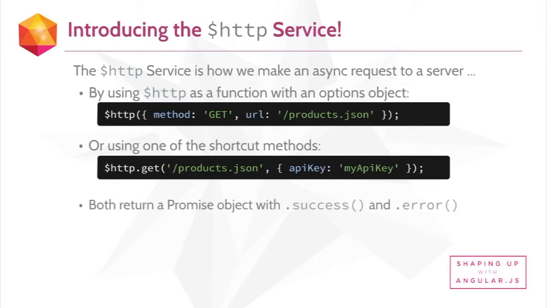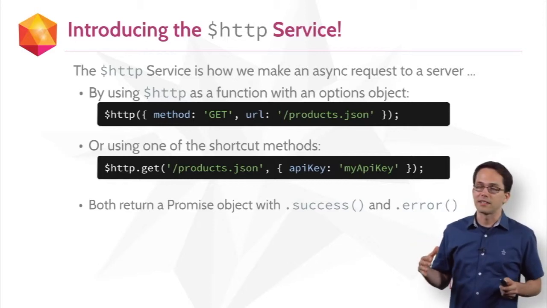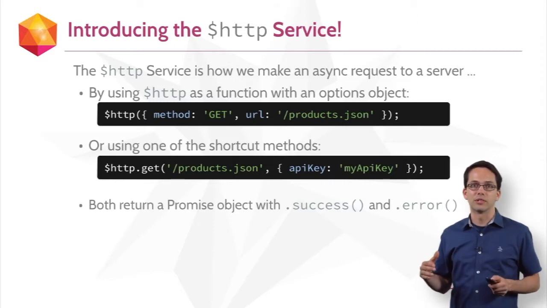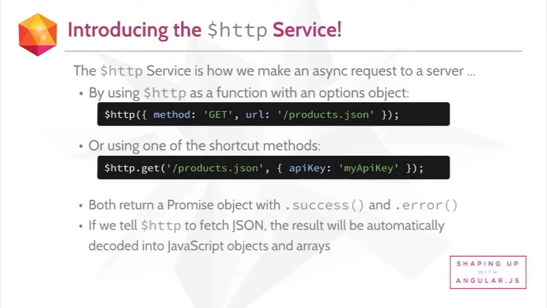And if you're not familiar with promises, check out our jQuery courses on CodeSchool. A promise object allows you to do callbacks on it, like success or error, which you'll see in a minute. One nice feature of the service is that if we tell $http to fetch JSON, the result will automatically be decoded into JavaScript objects in arrays. Pretty nice.